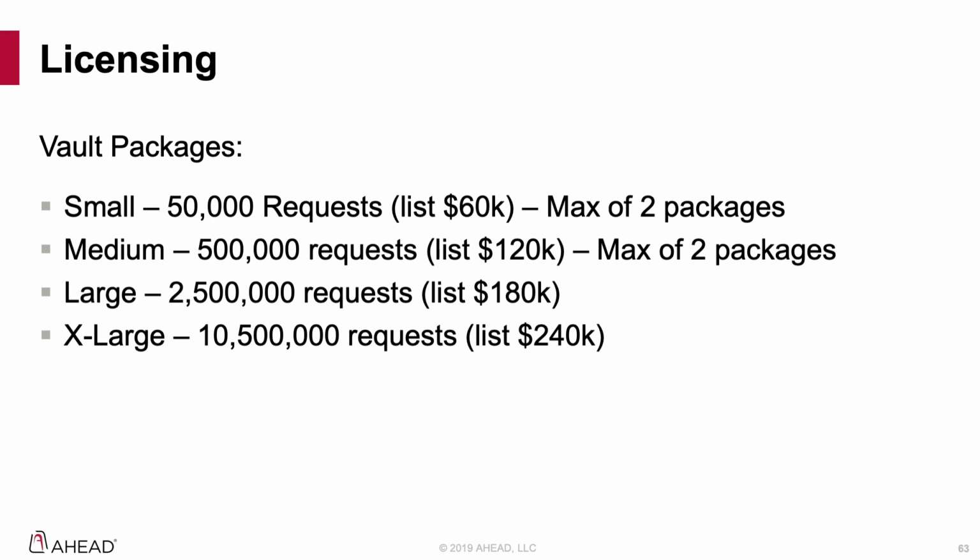HashiCorp's thinking behind that was, if you are buying 3 small packages, then okay, you're probably using Vault quite a bit. You're getting much bigger. You can afford moving over to a large package or extra large or whatever.